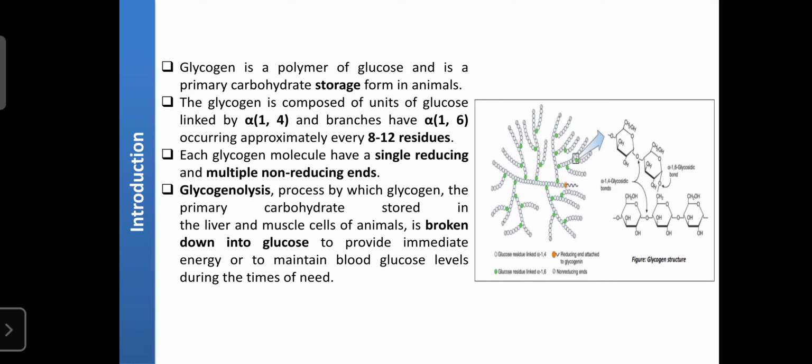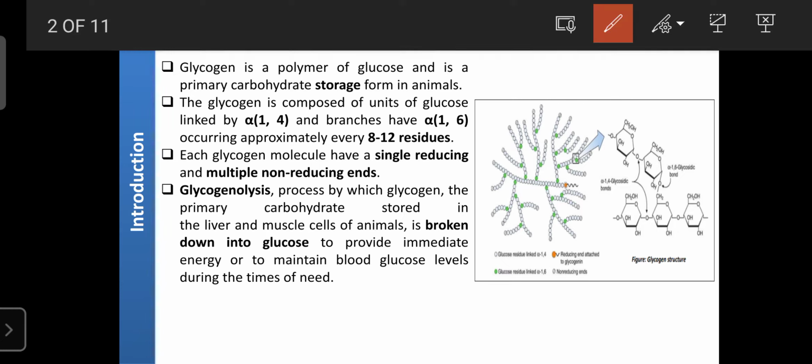Glycogen is a composition of several units of glucose. Those glucose units are linked by alpha 1,4 glycosidic bonds. So the glucose units are joined together by one bond, known as the alpha 1,4 glycosidic bond, and it also consists of many branches.